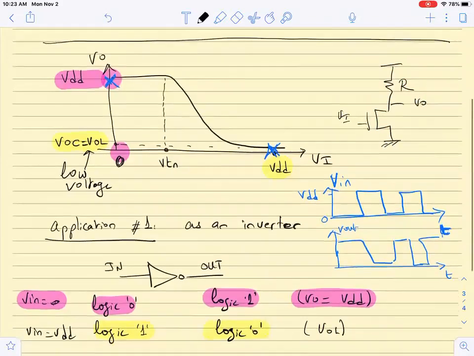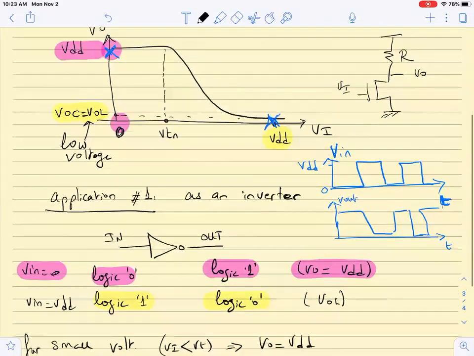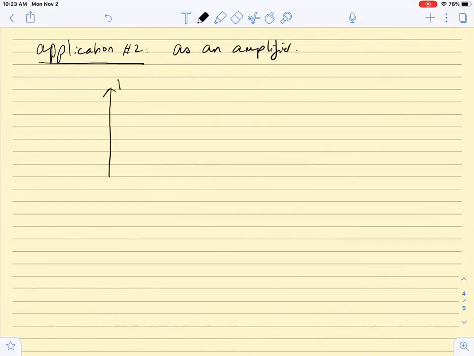Let us now examine the intermediate region. We go back to the MOSFET as an amplifier, Application 2, operating as an amplifier. We plot Vo versus Vn, and we looked at the curve here.